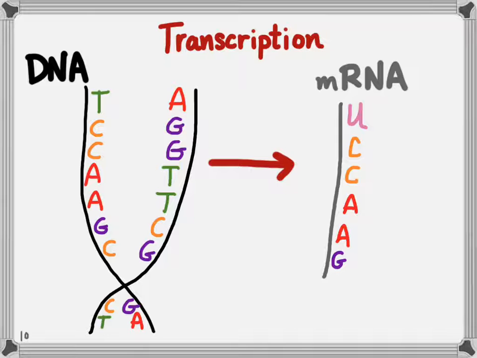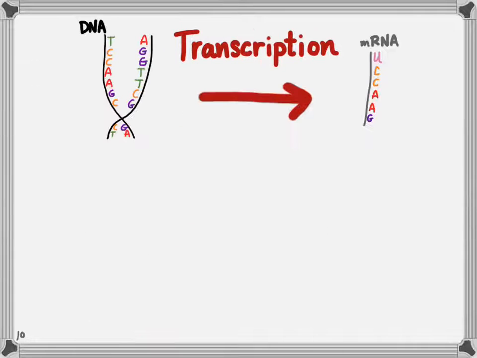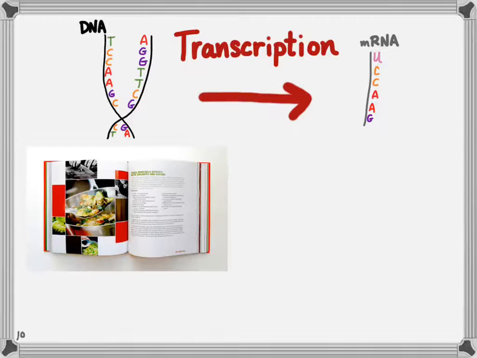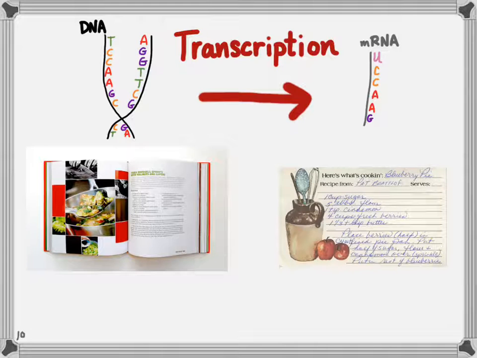The cell is transcribing or copying the information from one nucleic acid, DNA, to another, mRNA. It's the same language, the language of nucleic acids, but in a different form. This is like taking a large book, maybe a cookbook, and copying a short section of text onto a little note card.